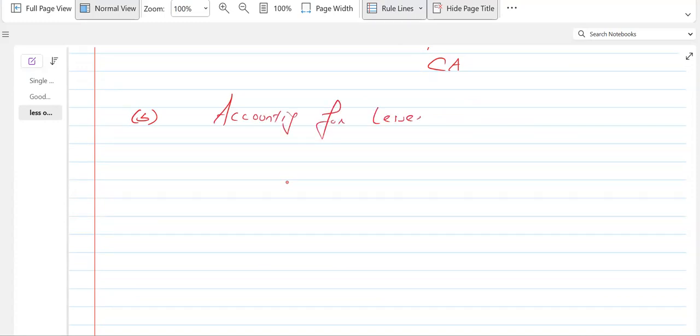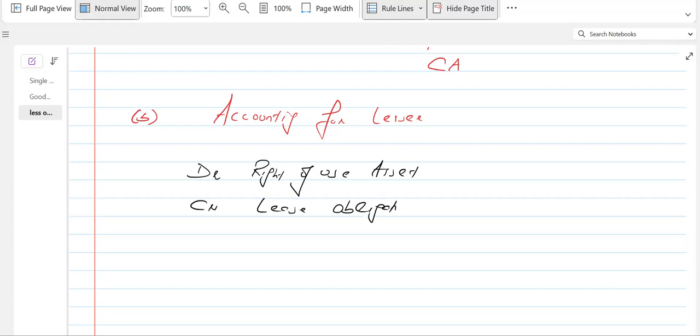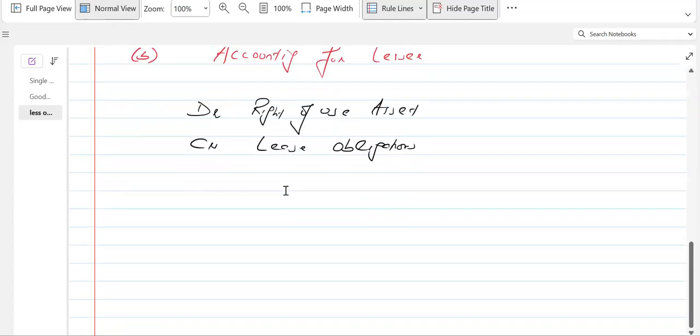We know that the lessee is going to record the right of use asset debit and credit lease obligations. So this is the initial double entry they need to make.